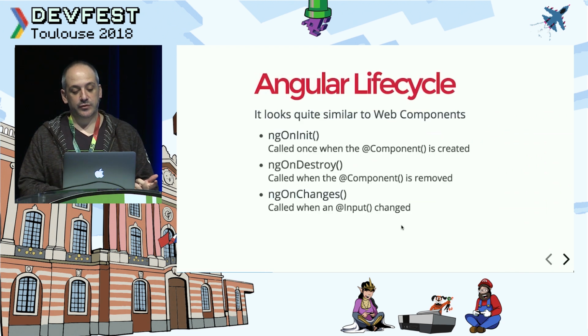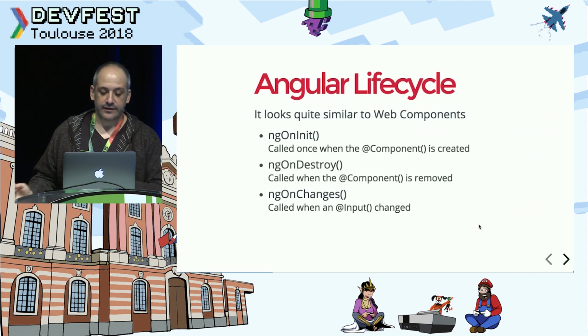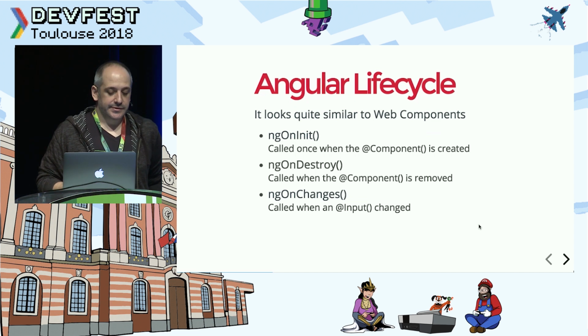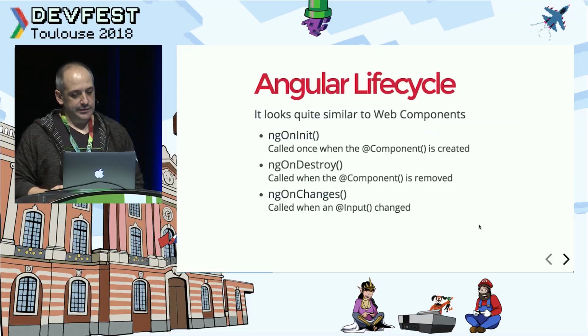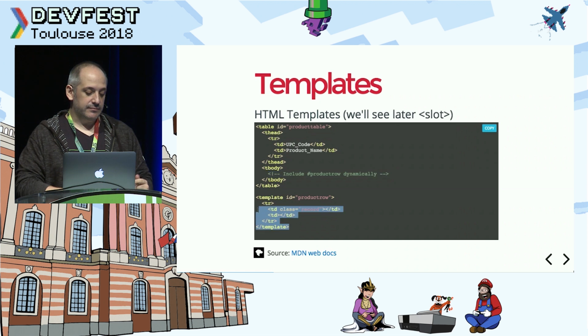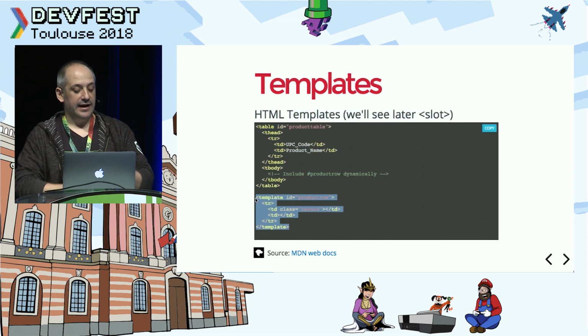This is very similar to the Angular life cycle, where we have ngOnInit, ngOnDestroy, ngOnChanges, and so on. And the templates are kind of similar. These are HTML templates, where you can have your template and then iterate inside the body, for example, and copy-paste this template inside the body.